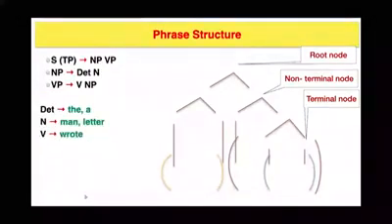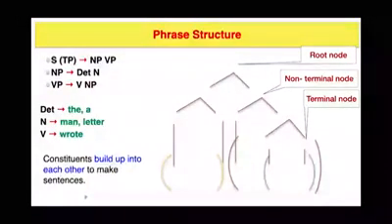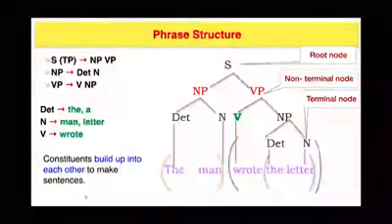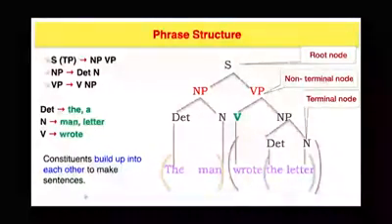So the NP and the VP are called non-terminal nodes, the ones in red. If you go further down, NP is broken and branched into a determiner and a noun. The determiner stands for the lexical item the, and the noun refers to man.